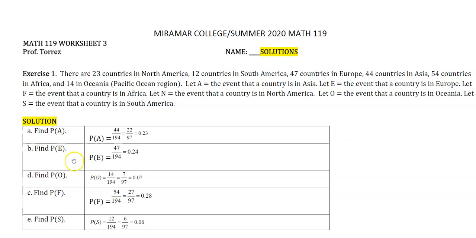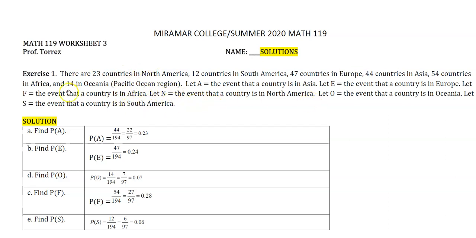So the empirical results that I'll show you here are just based on ratios of the number of elements that correspond to the event A, for example, compared to the total number of elements in the sample space. In this case, our sample space is countries.